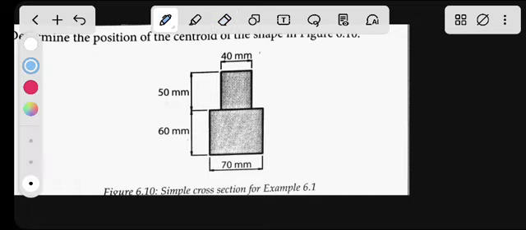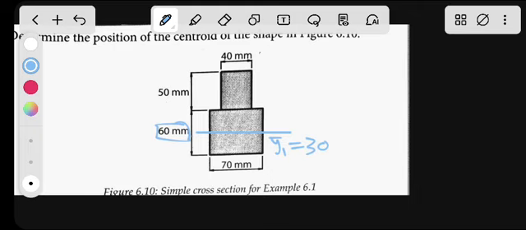So y1 will be 60 divided by 2, which equals 30. The distance will be 30, obviously millimeters. That is y1 of object 1.